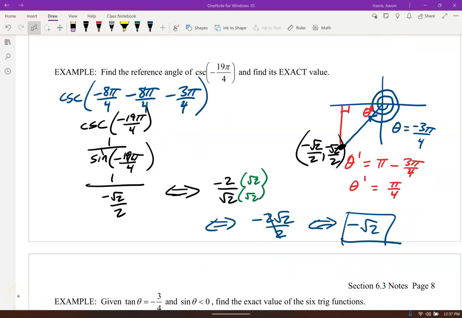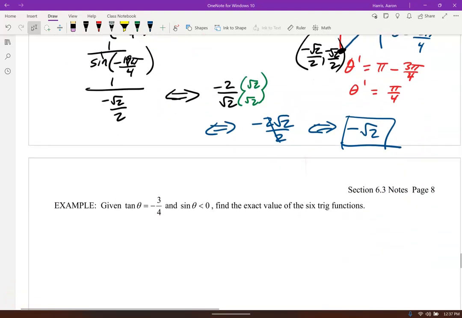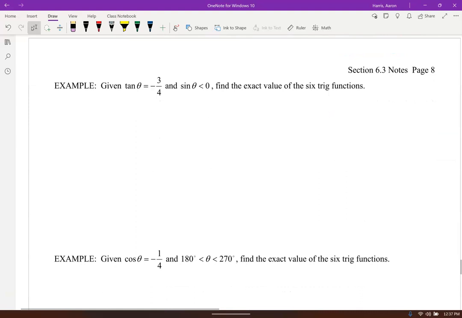All right, let's see if we can put this together now. So this is giving us a spot that is not on the unit circle. This is what we're kind of building up to. They tell us the tangent's negative and the sine is negative, right? The y is negative.